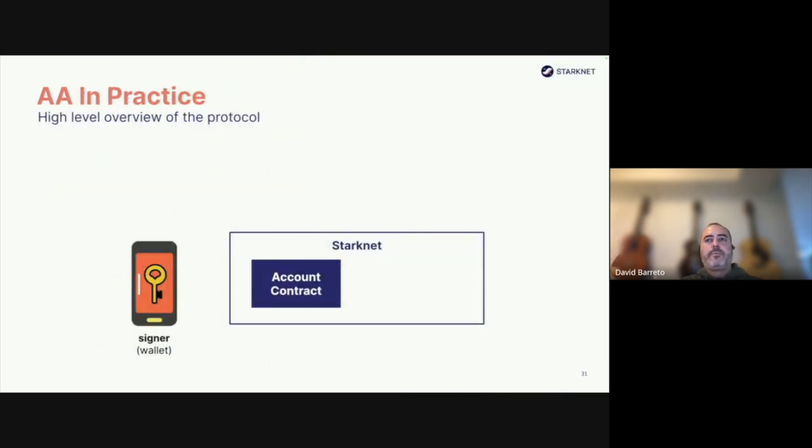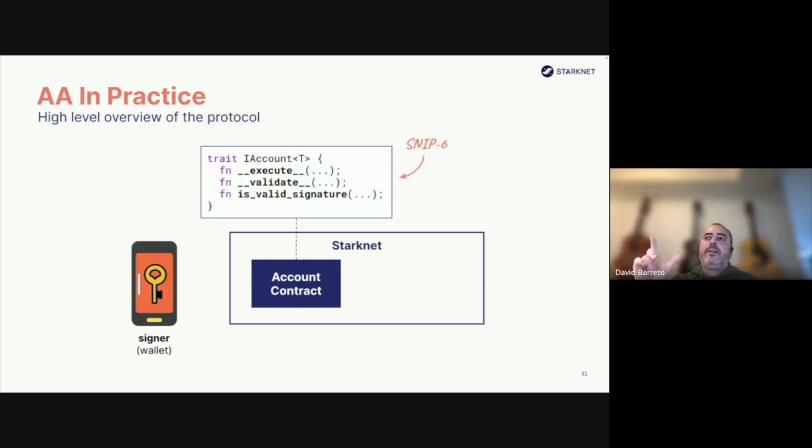So the way it works in practice is that, for example, your smartphone could be the signer. You might have some wallet UI. Whenever you want to interact with a smart contract on Starknet, you actually need to have the other part, the account contract, a smart contract deployed that is assigned to you. Before I go there, that account contract is a Starknet smart contract that has to comply with a specific interface defined by SNIP-6, and basically have execute, validate, and is-valid-signature methods.